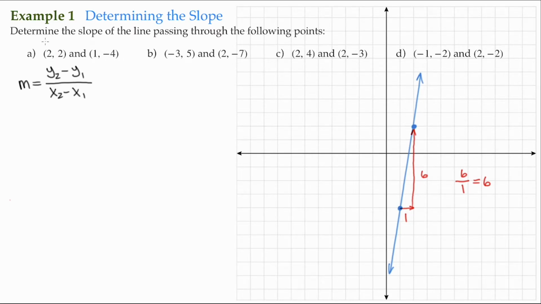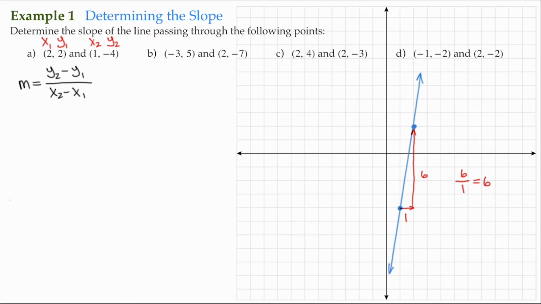So if I label this set of ordered pairs x sub 1, y sub 1, and this one x sub 2, y sub 2, it doesn't matter which one you label x sub 1, y sub 1, which set of ordered pairs has a subscript of 1 or 2. The slope will always be the same. So you just pick which one you want to label with the subscript of 1, then label the other one with the subscript of 2.